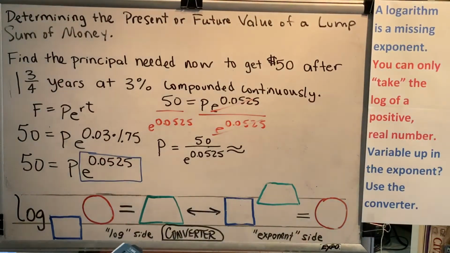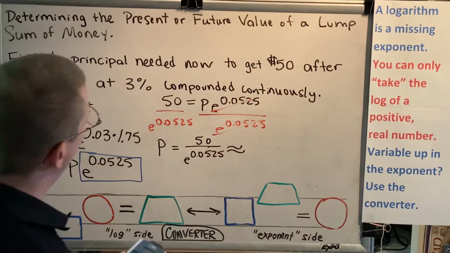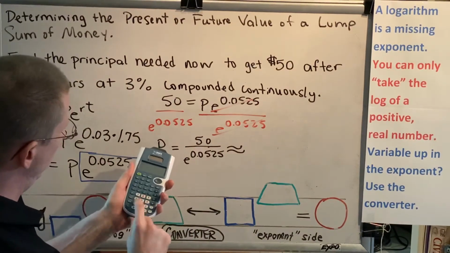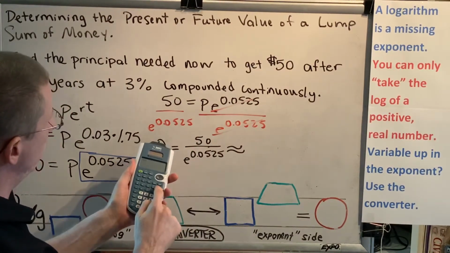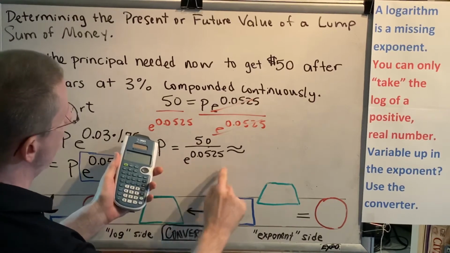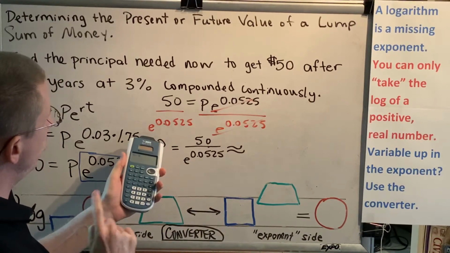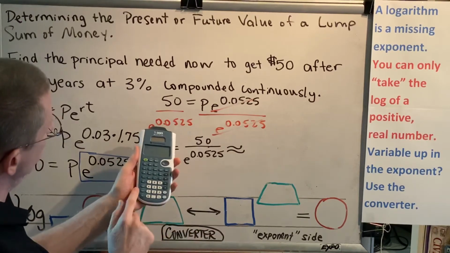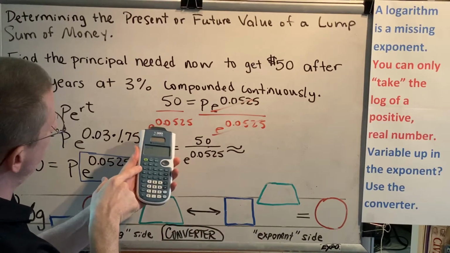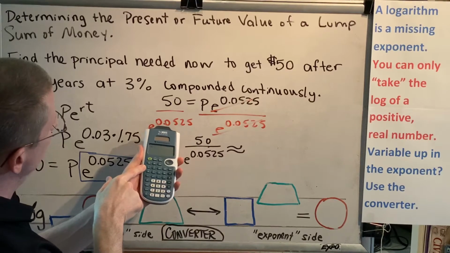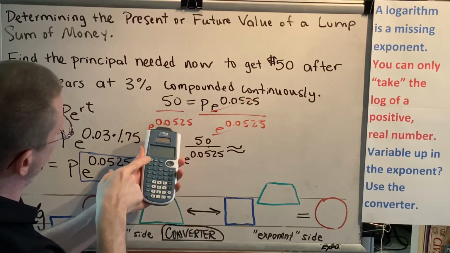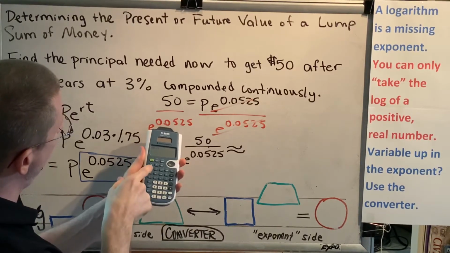This doesn't tell me how much money I need to set aside until I pick up my calculator. So first we're going to enter the 50, then the division key, then enter our entire denominator in parentheses. I'm going to hit an open parenthesis, then e to a power. On this calculator, e to a power is above the natural log key, so I hit my green shift key and then ln.